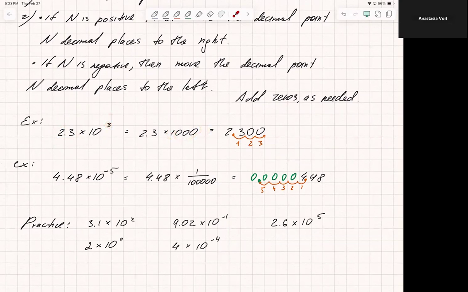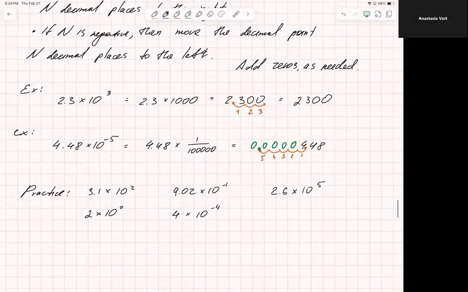You can calculate this on your calculator, or we can just move the decimal point 3 units to the right from here. We start from here and move 1, 2, 3. All the empty spaces we fill up with zeros, and this is how we get the final answer of 2,300.